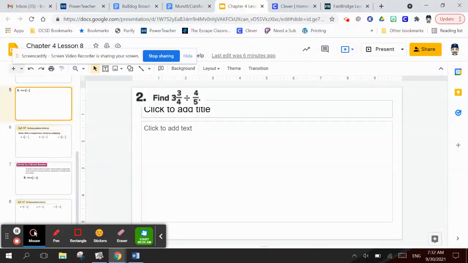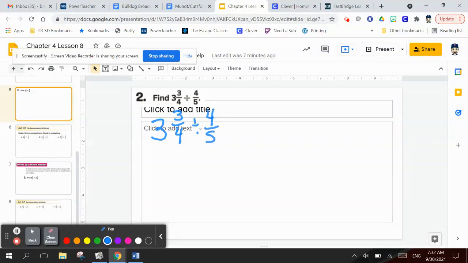Let's look at example number 2. 3 3/4 divided by 4/5. So I have 3 3/4 divided by 4/5. So again, I have MAD, M-A-D, right? Multiply. I take my whole number to multiply that by my denominator. 3 times 4 is 12.